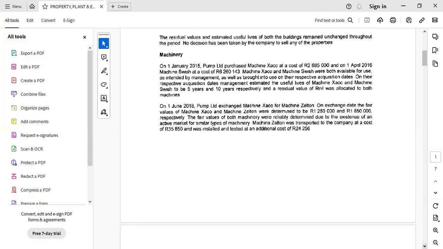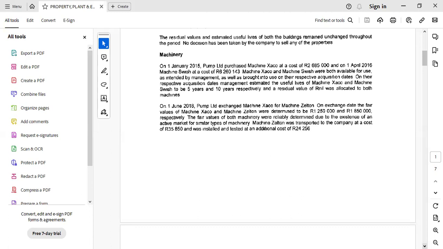Machine Shako and machine Swish were both available for use as intended by management, as well as brought into use on their respective acquisition dates. On their respective acquisition dates, management estimated the useful lives of machine Shako and machine Swish to be 5 years and 10 years respectively. And the residual value of nil was allocated to both machines.